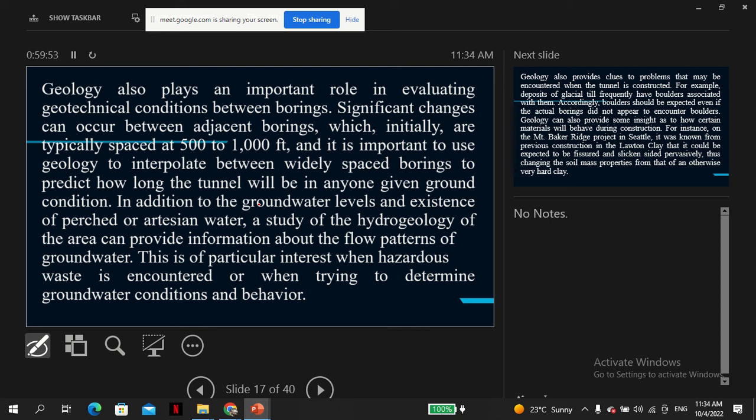This is of particular interest when hazardous waste is encountered, or when trying to determine groundwater condition behavior. For example, the nuclear waste I was just talking about before.